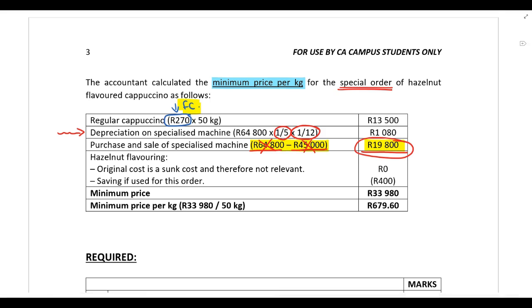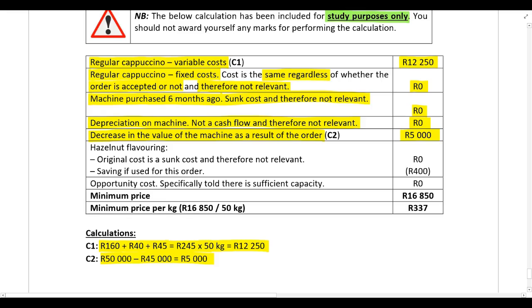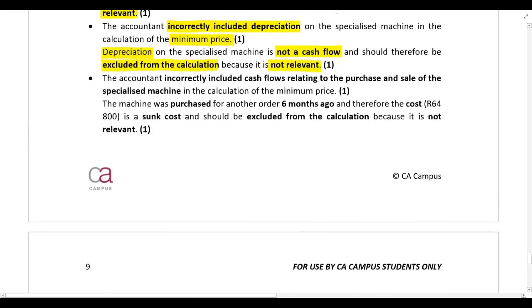So let's have a look at this discussion over here, because this was probably the most tricky part of all of the discussion. Okay, so first, what has he done incorrectly? What is the error in the calculation? He has incorrectly included cash flows relating to the purchase and sale of the specialized machine in the calculation of the minimum price. And that is wrong because the machine was not specifically purchased for this order.